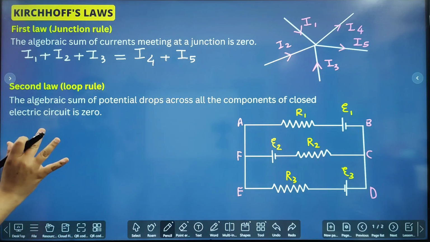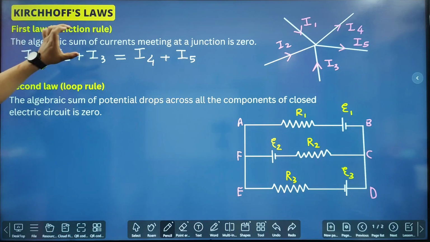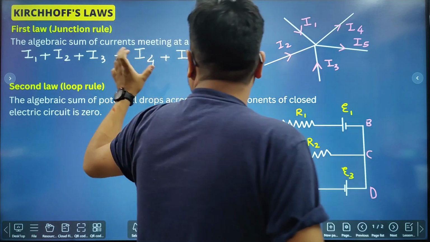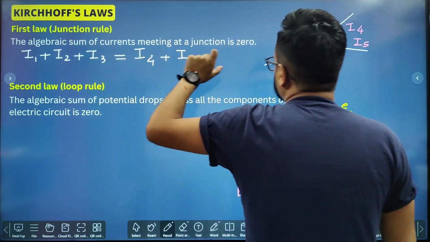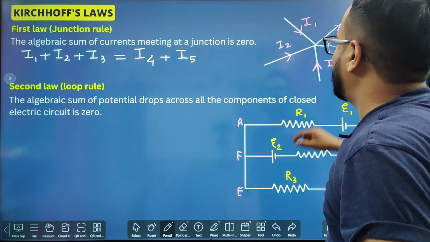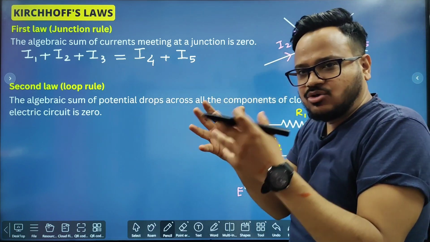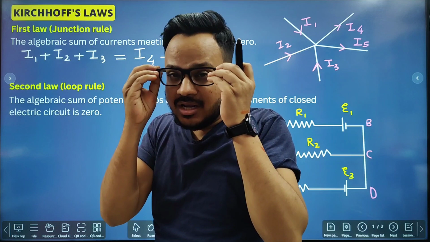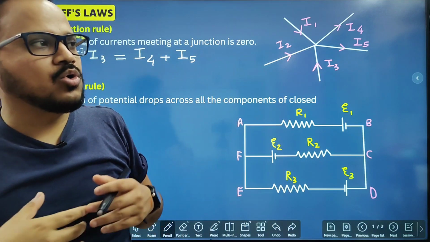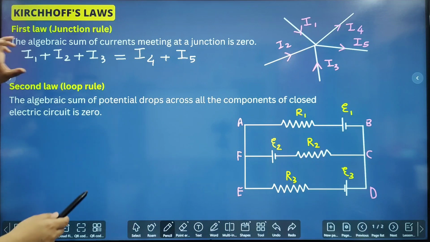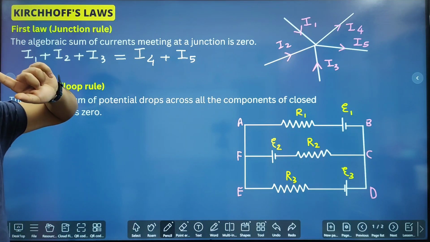So this is very logical. This is directly based on the law of conservation of charge. Current is nothing but charge flowing per unit time. So this equation says that there is no accumulation of charge at the junction. Total charge coming per unit time towards the junction is equal to the total charge going away from the junction per unit time. So it is directly derived from the law of conservation of charge.